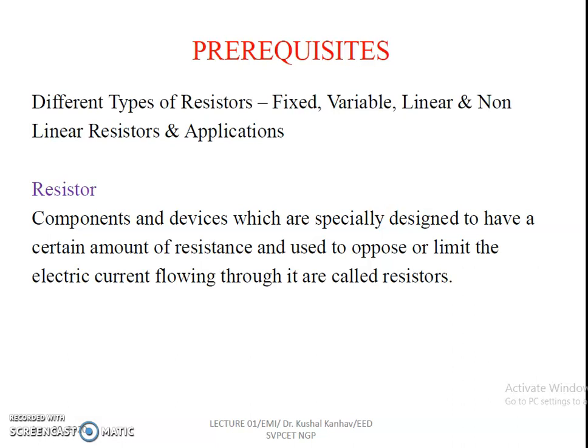We can have a different way of defining the resistors. You can say components and devices which are specially designed to have a certain amount of resistance and used to oppose or limit the electric current flowing through them are called resistors.